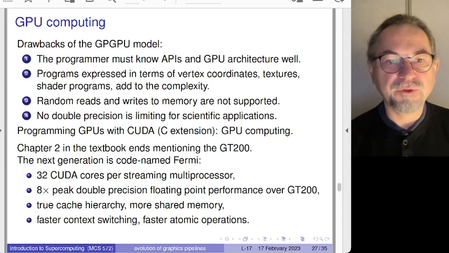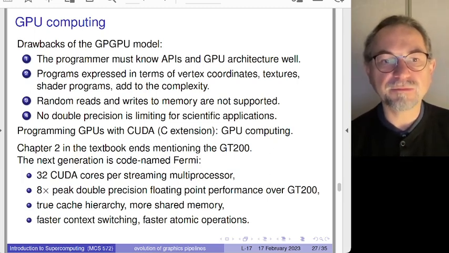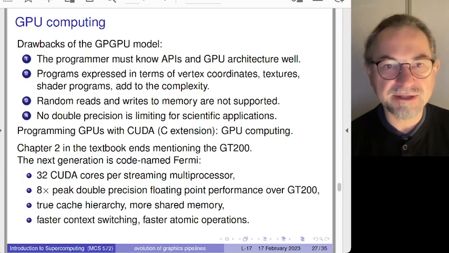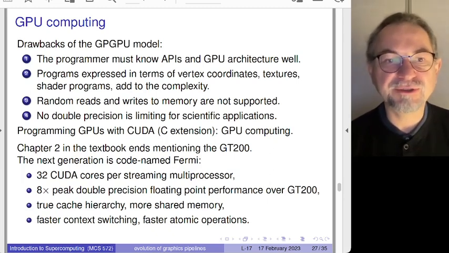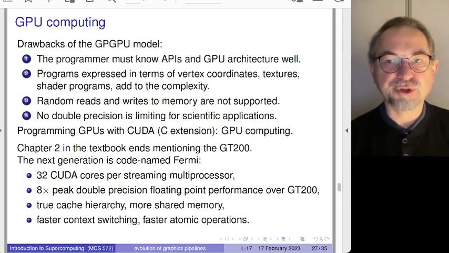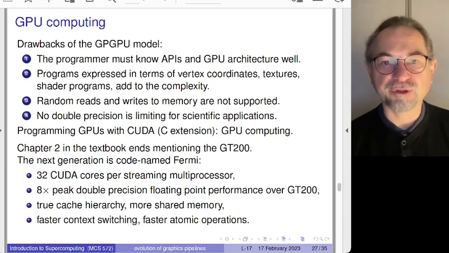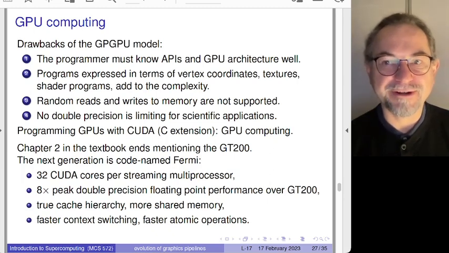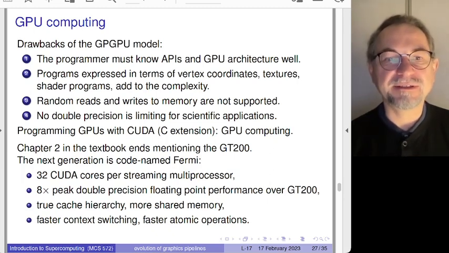Without the CUDA API, it would still be extremely hard because you would need to express your programs in vertex coordinates and graphics processing terms. So one would need to take a course in graphics processing before doing this.